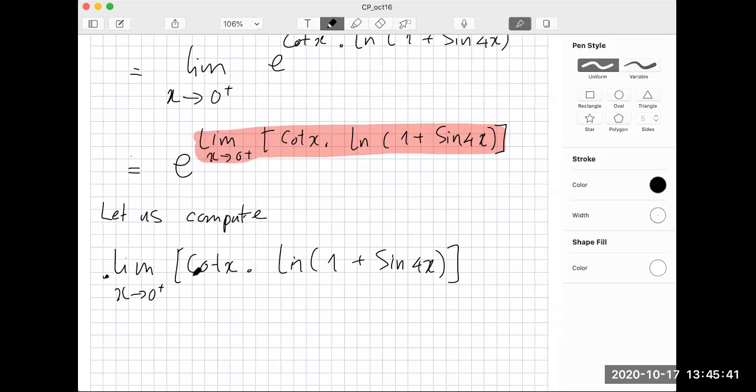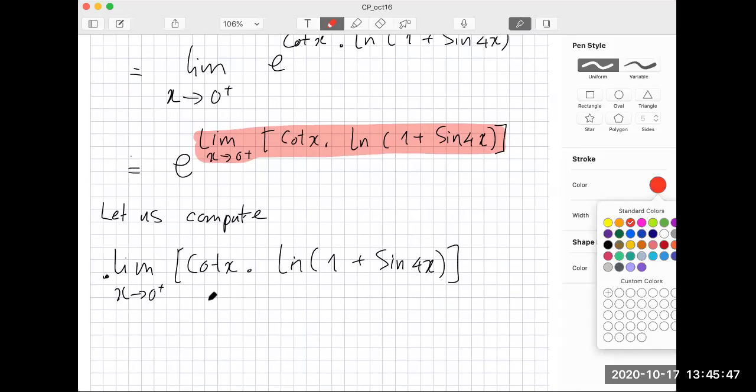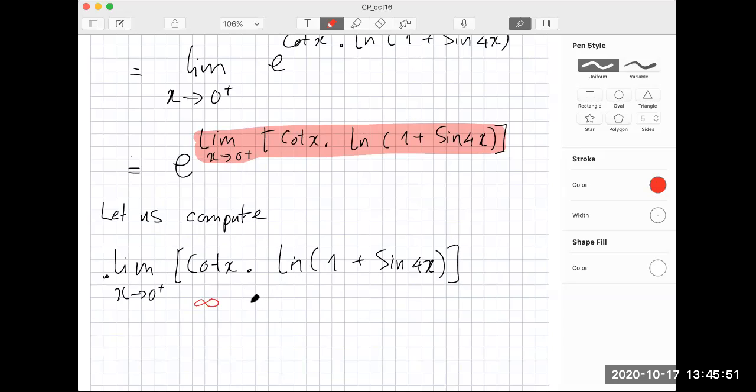Previously, we know that cotangent will be going to infinity when x approaches 0, and this guy will be approaching 1 when x approaches 0. This form is similar to the form of infinity times 0, right?